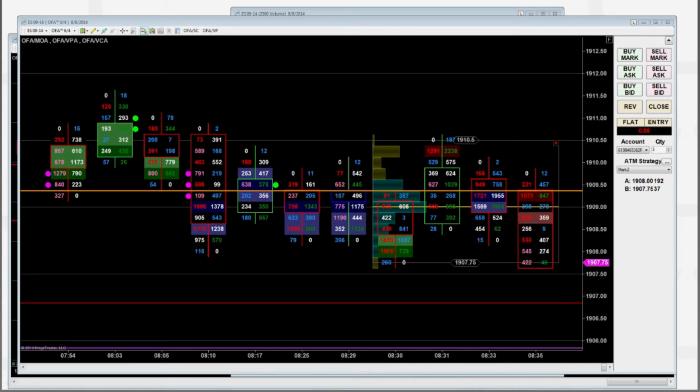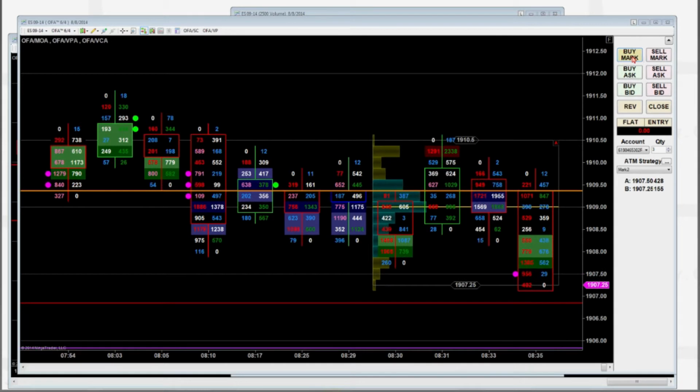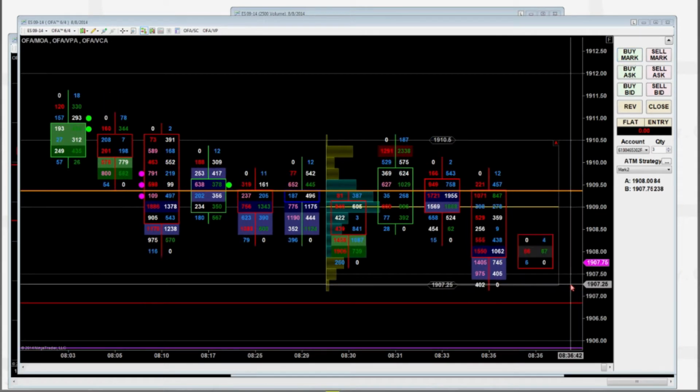Now our settlement close was at 1905.25 yesterday, and VPOC was at 1905. There's 1907.25.